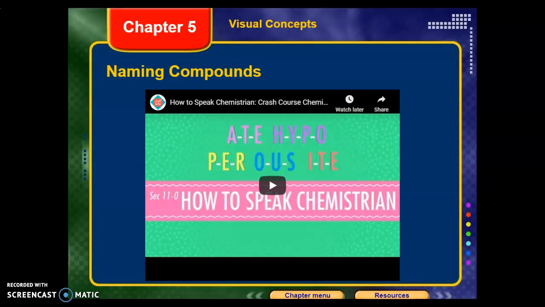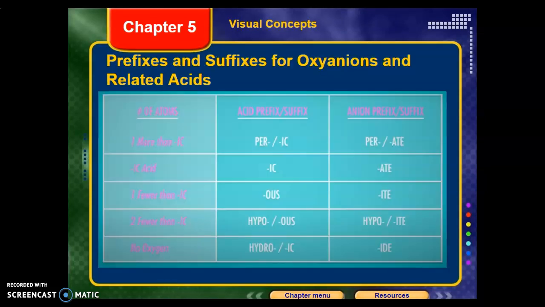It's really helpful. At the end of the video, he has this chart, right? And this chart is, I think, very helpful for you to figure out polyatomic ions and their prefixes and suffixes and what that means for the name of the ion.